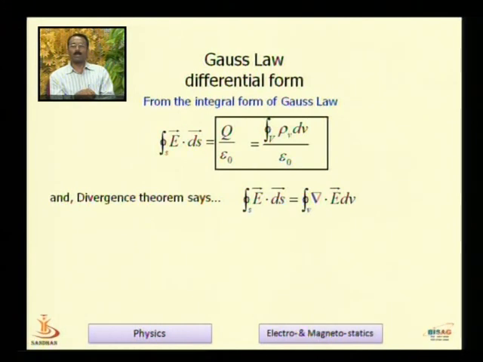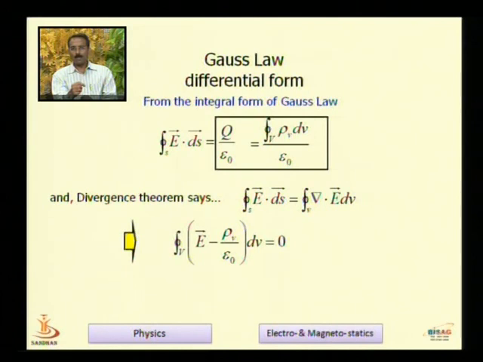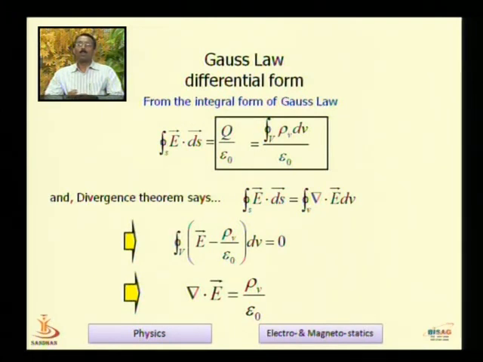So using divergence theorem, one can write down Gauss's law that we wrote above in this form, and now you can see we can write down divergence of E is equal to rho v over epsilon 0, where rho v is the volume charge density, and on this side we have divergence of E. So this last equation is called differential form of Gauss law.